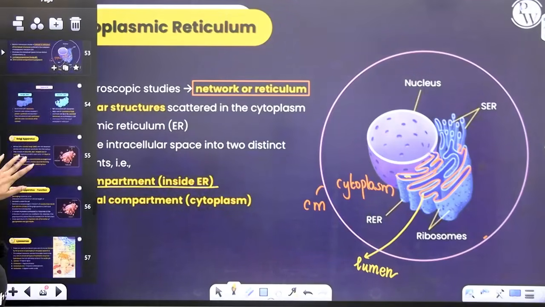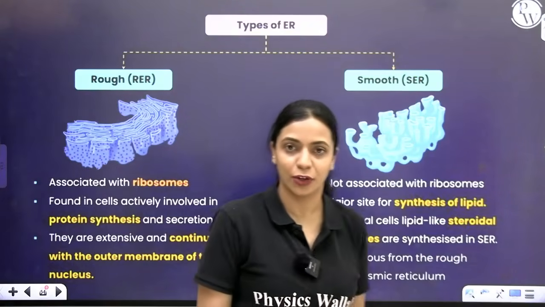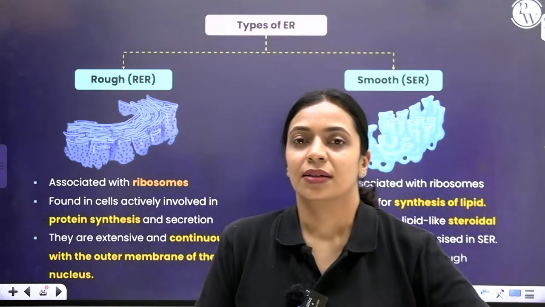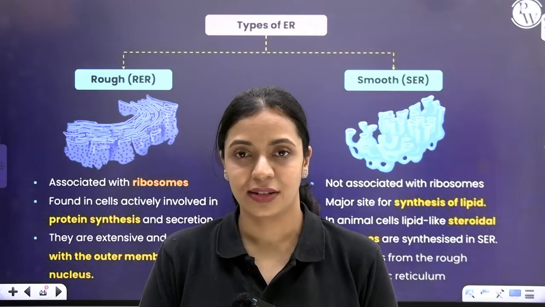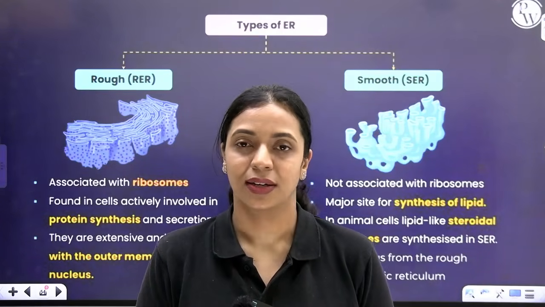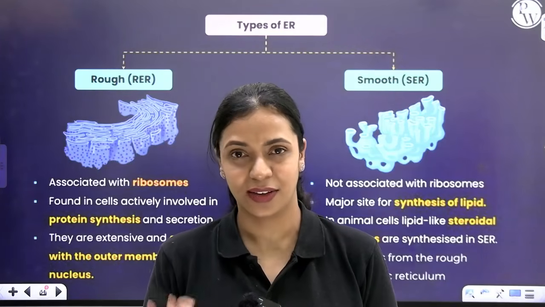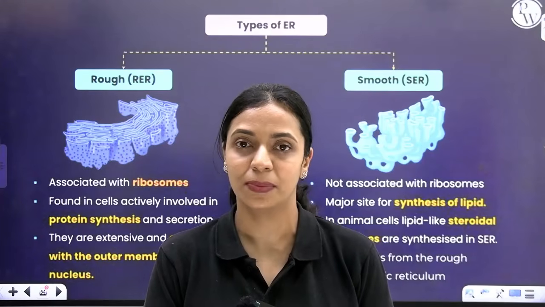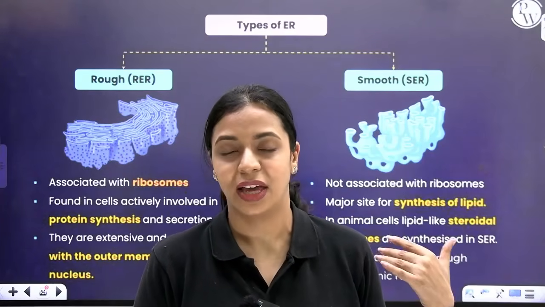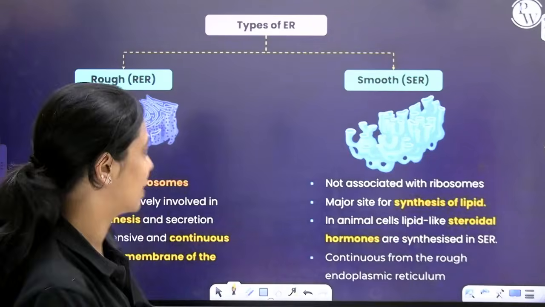Now this ER is of 2 types, smooth endoplasmic reticulum and rough endoplasmic reticulum. These 2 types are based on whether ribosomes are present on their surface or not. If ribosomes are studded on top of the ER, it gives it a rough appearance. So we call it the rough endoplasmic reticulum. If it does not have any ribosomes present on it, then we call it the smooth endoplasmic reticulum.